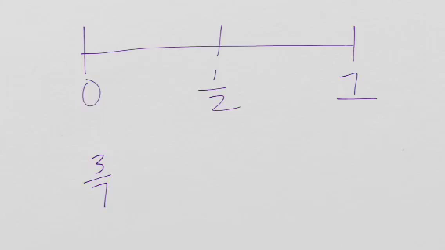So half of 7 is actually 3.5. 1 whole would be 7/7. So putting in the rest of my tags here, 1, 2, 3, that's 3.5, 4, 5, 6, 7. 3/7 would be about there. And hopefully you saw that 3/7 is about half. We would round that to half.